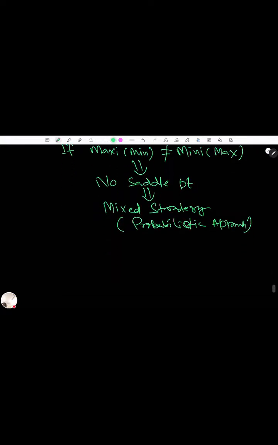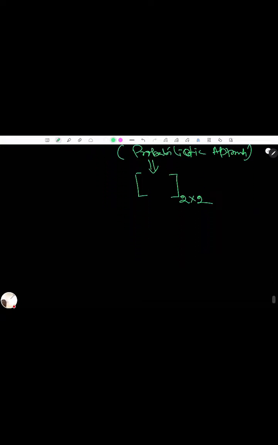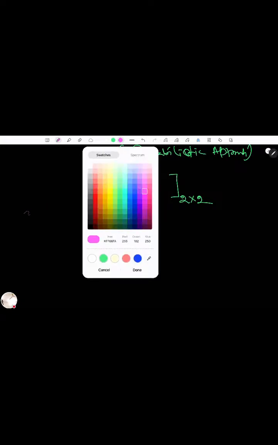In this probabilistic approach, as discussed at the beginning, if the matrix is a 2x2 payoff matrix, then we directly apply the formula. If it is not a 2x2 matrix, then we try to reduce the matrix.